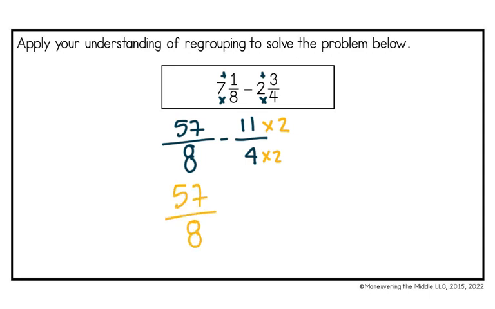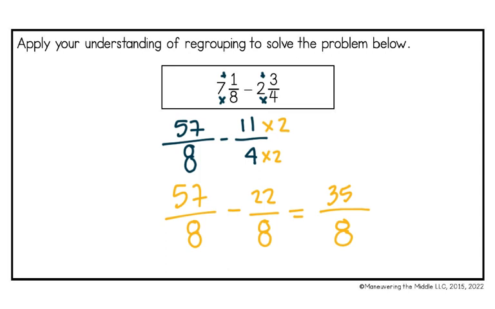And I know that 4 can go into 8, so I don't need to find multiples or anything like that. So I'm going to multiply 4 by 2, because 4 times 2 is 8, which means I need to multiply our numerator by 2. And now I'm going to rewrite our problem. So 57 over 8, because I don't need to do anything to that, minus 11 times 2 is 22 over 8. And now I can subtract. So our denominator is going to stay the same. And 57 minus 22 is 35. And so now I need to figure out how many times can 8 go into 35.